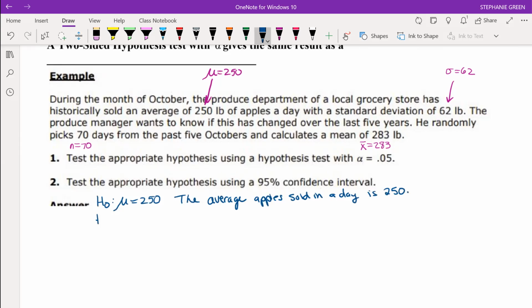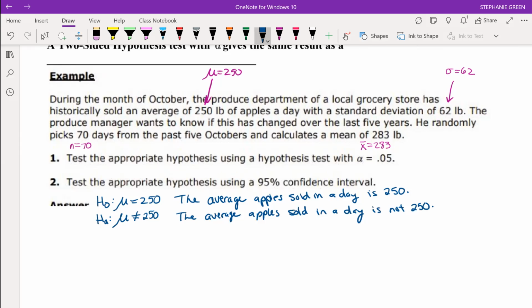And then our alternative hypothesis: the produce manager wants to know if this has changed. So he wants to know if the mean is not equal to 250 anymore. He's not worried about being less or greater, just that it's different. So our alternative hypothesis is that the average apples sold in a day is not 250.